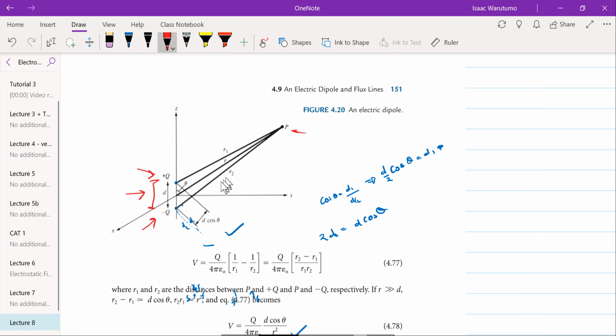From the center of the dipole, we have the position vector r, and from the positive point charge, we have the position vector r1, and from the negative point charge Q minus, we have the position vector r2.